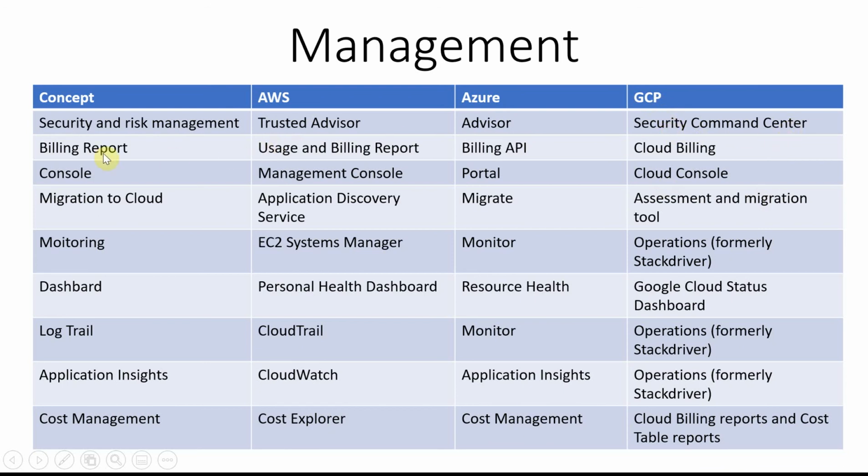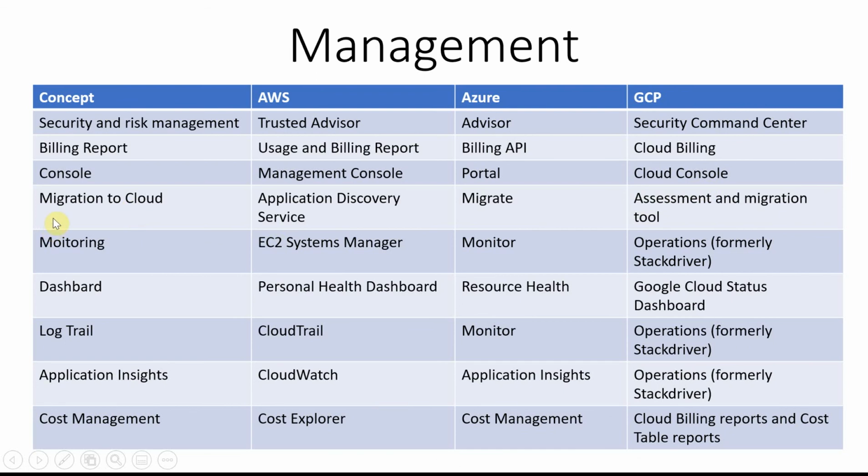As for the billing report, to see the usage and generate the monthly billing report: AWS usage and billing report, Azure billing API, and GCP cloud billing. Again, under management, the infrastructure, you will see all the resources and usage from the console UI: AWS management console, Azure portal, and GCP cloud console.